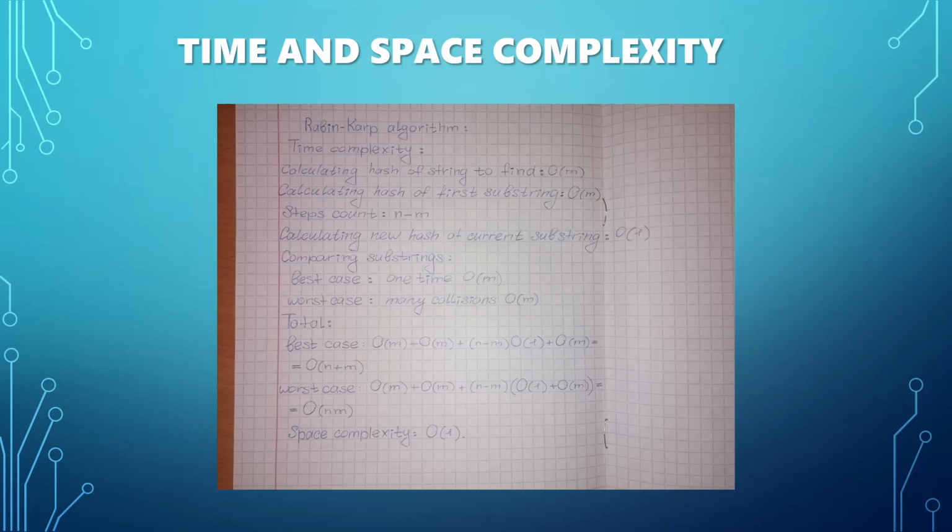So here we can see that the best case is O of n plus m, whereas the worst case is O of n times m. And here we can see why it works. A bit later I will show you another improvement which probably will be more understandable for you, but it depends on you. Let's go next.